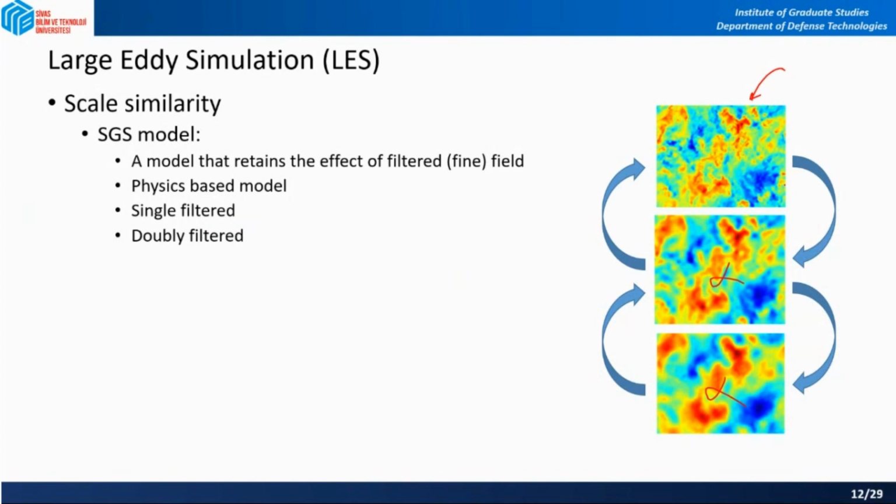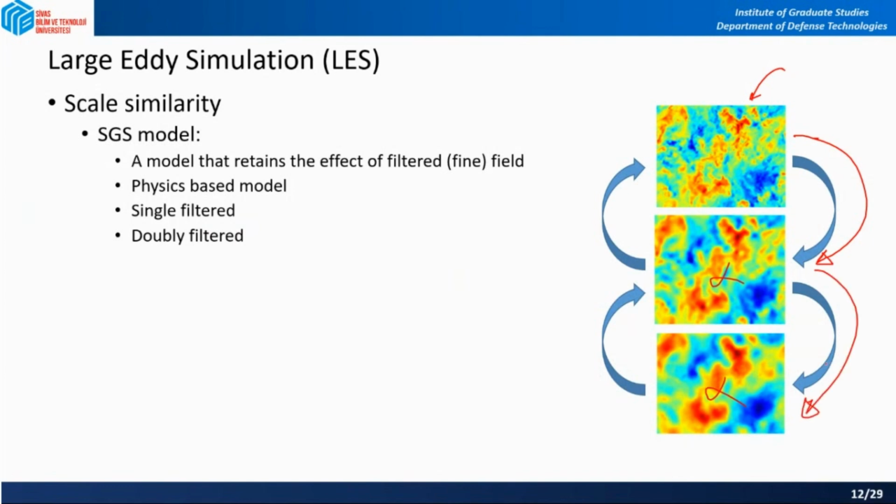Some SGS models heavily rely on the single filtered field. Single filtered means just filter it once. And some others heavily rely on doubly filtered velocity fields. Doubly filtered means you filter it twice. This is once, this is twice.